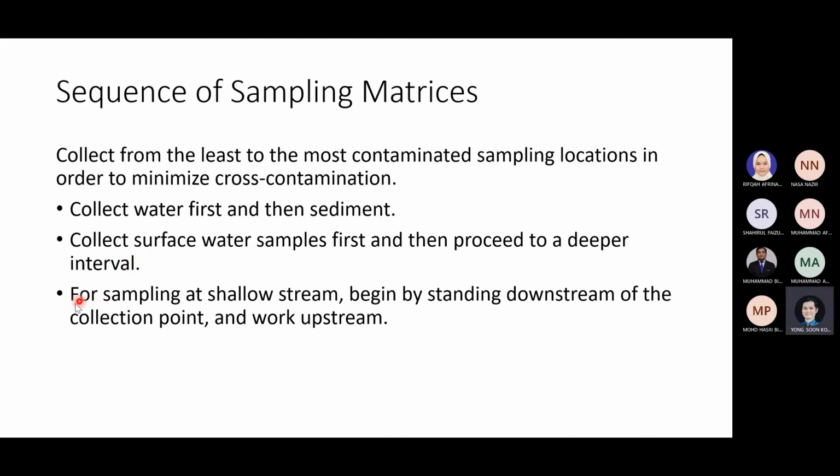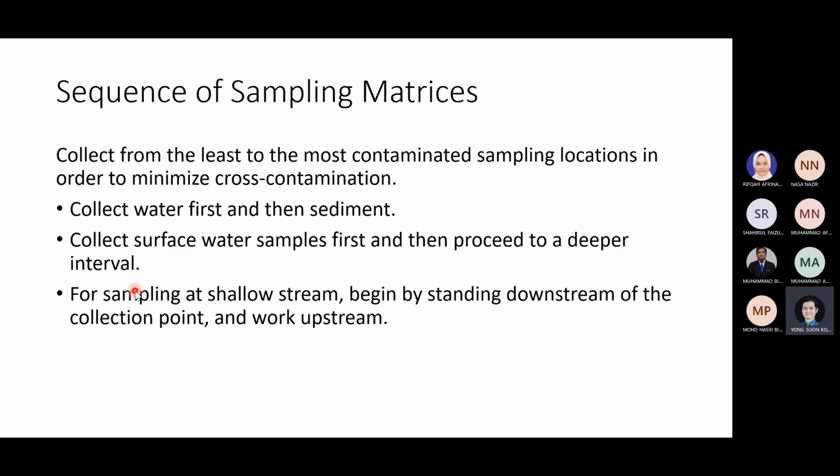And then, of course, like I told you just now, when sampling a stream, you start from downstream first, and then go upstream. Because why? When river water is flowing against you, whatever you collect at the time, whatever the sedimentation that happens, all travels past behind you already.